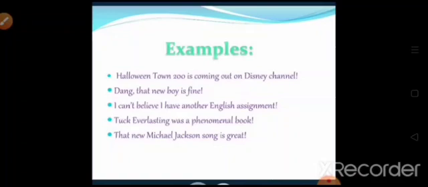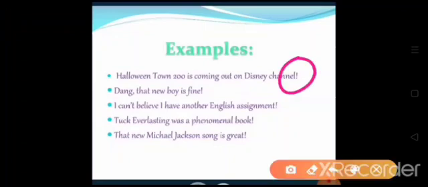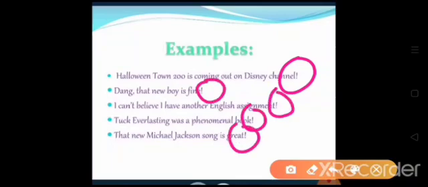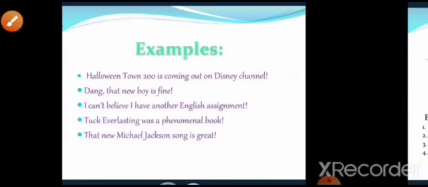These sentences express some strong, sudden feeling or emotion, so they are called exclamatory sentences. We put an exclamation mark after the interjection or exclamatory sentences. Here you can see in each and every sentence we have an exclamation mark. So these are examples of exclamatory sentences.